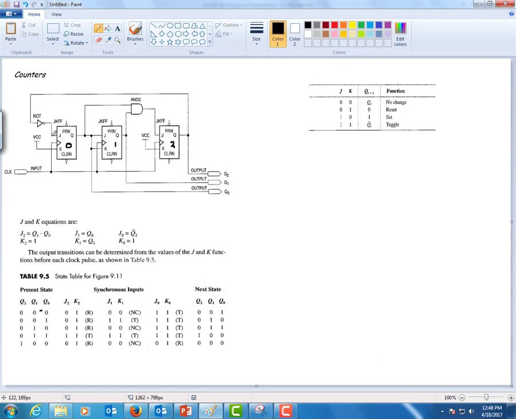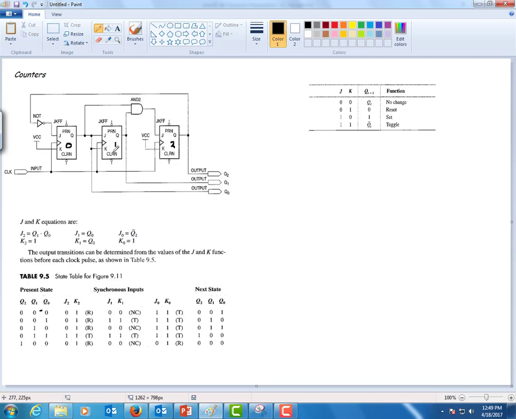So we have a J, we're going into an inverter, and if we follow this inverter all the way along here, it comes out of Q2. So this is Q2 bar. So J is Q2 with a bar over it, and K is 1. So let's go over here to 0. K0 is 1, J0 is Q2 with a bar over it. All right, we got that one.